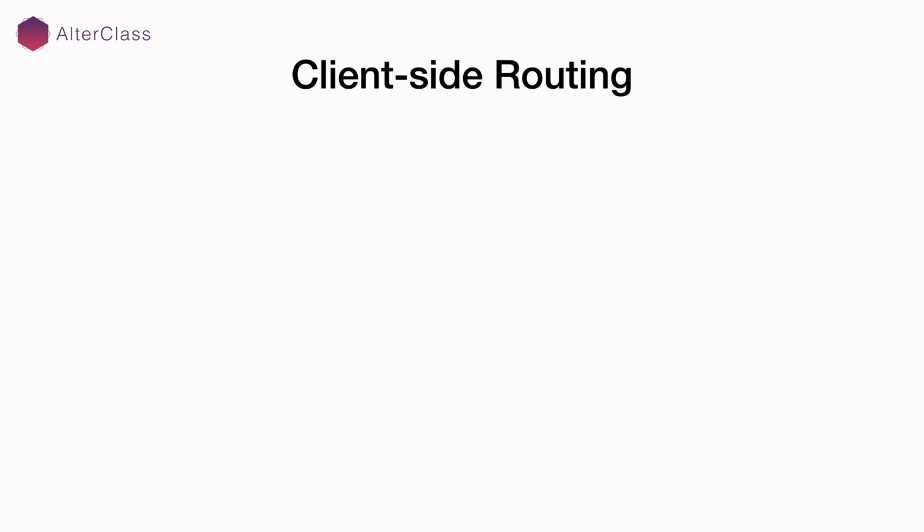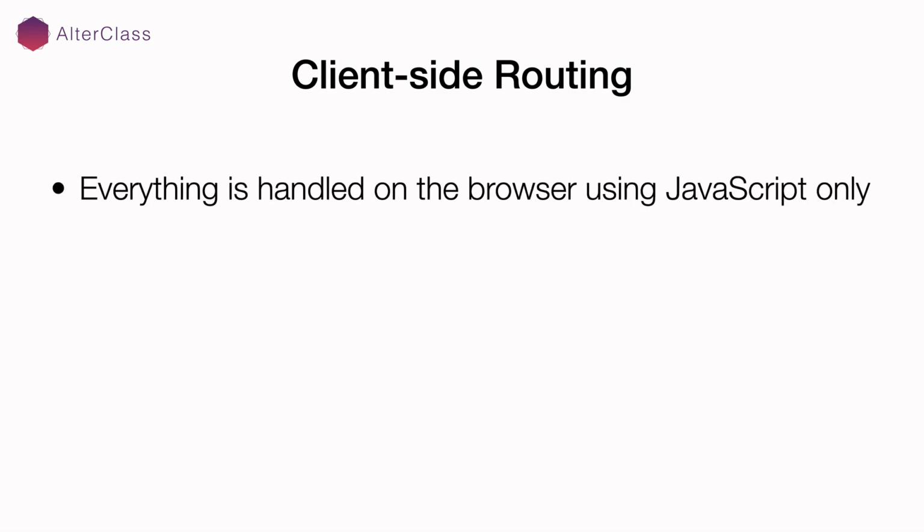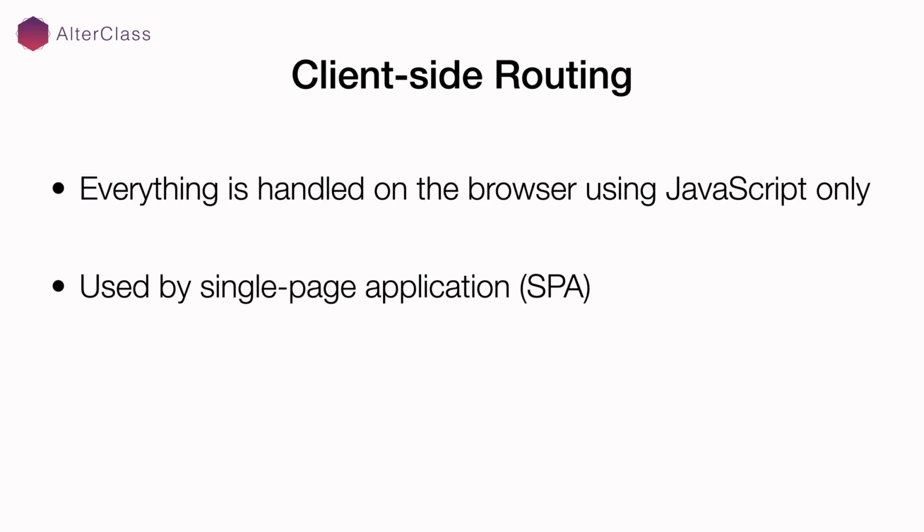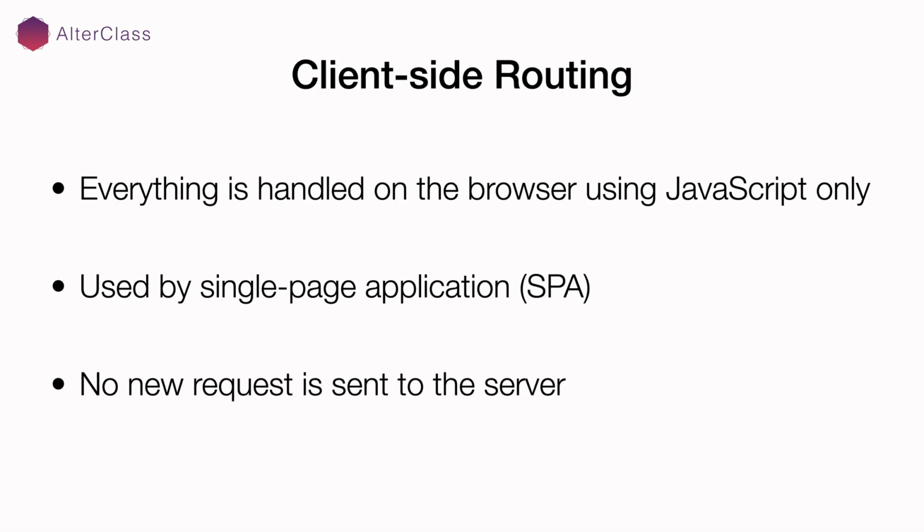The other way to handle routing in your application is by using client-side routing. This is the mechanism we will learn in this lesson as we are building our applications with React, which handles everything on the browser using JavaScript only. We call that kind of application a single page application, or SPA for short, because only one HTML document is sent by the server to the browser and only once during the initial request to the server.